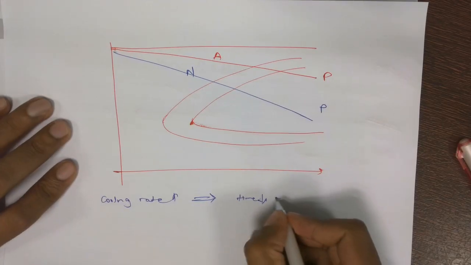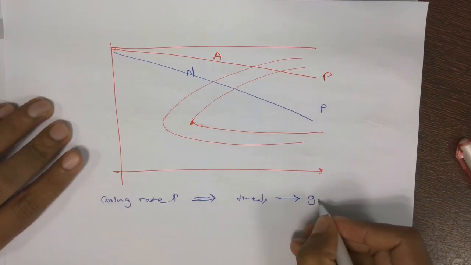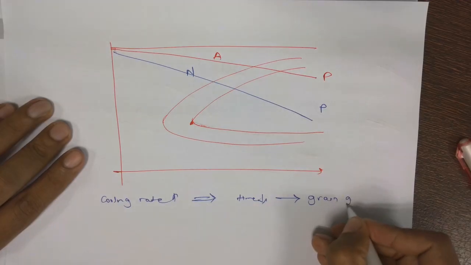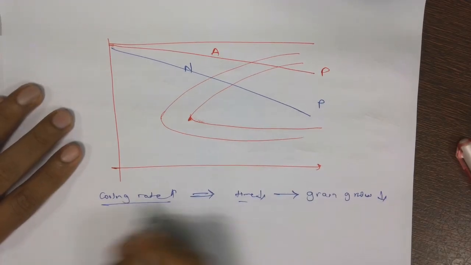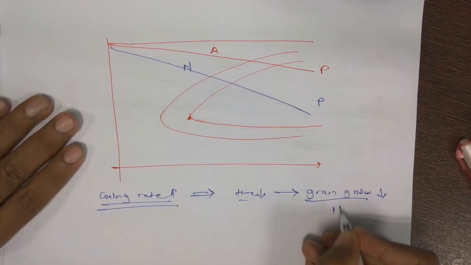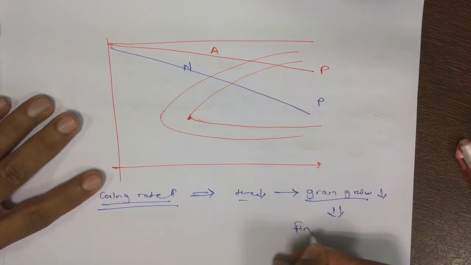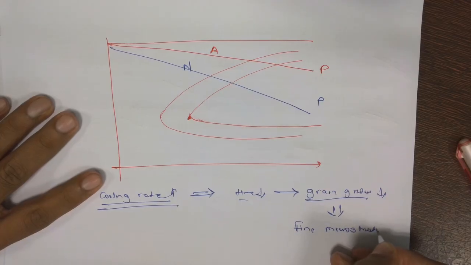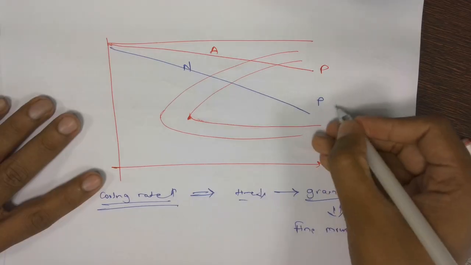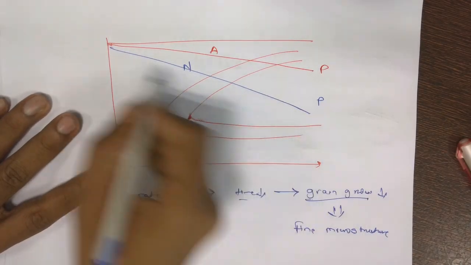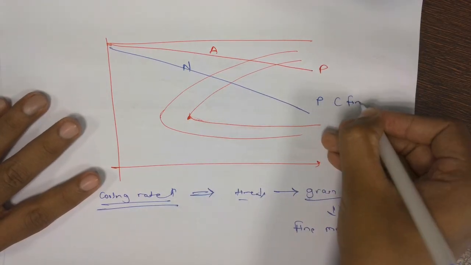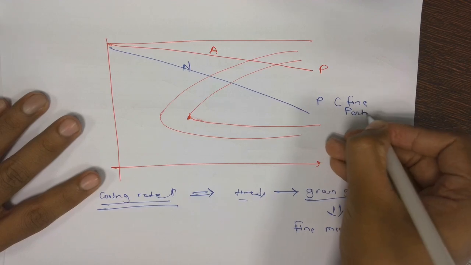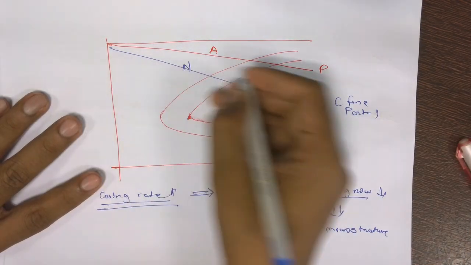So here, when we go to the fast cooling rate with normalizing, we are producing the fine perlite, while when the cooling rate is very slow, we are producing the coarse perlite. Great. Now we can answer the question. Annealing will produce option B, coarse perlite.